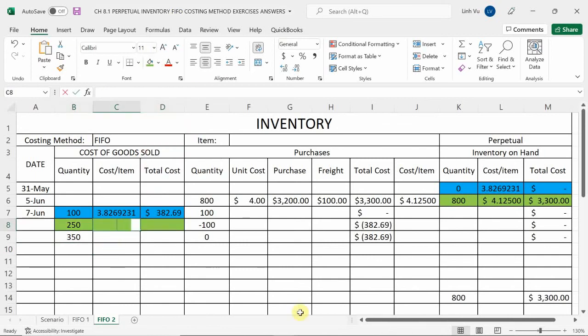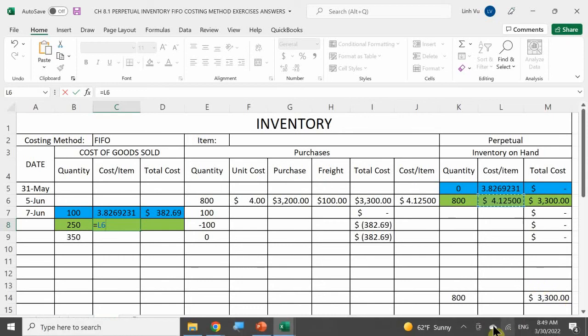My green batch, what's my cost per item?